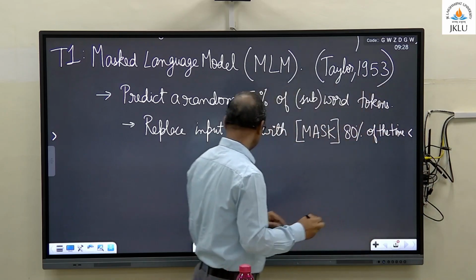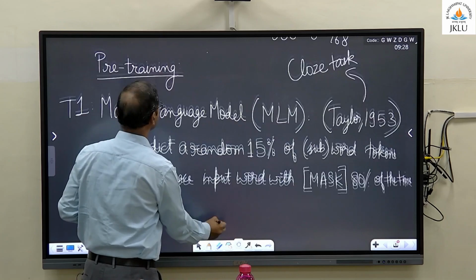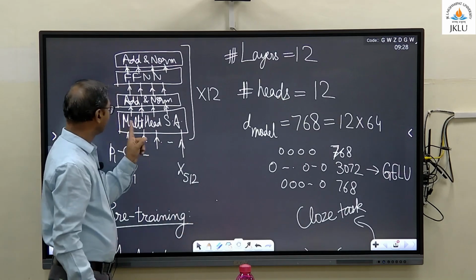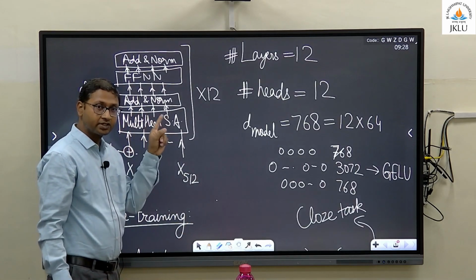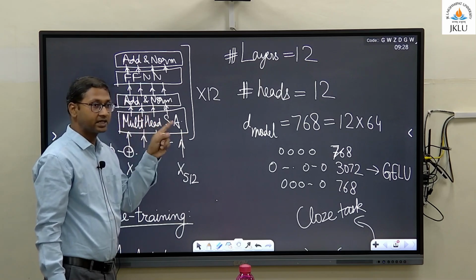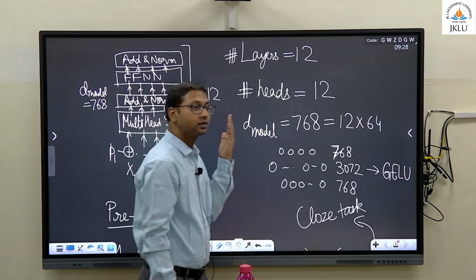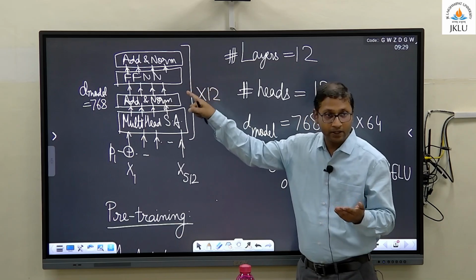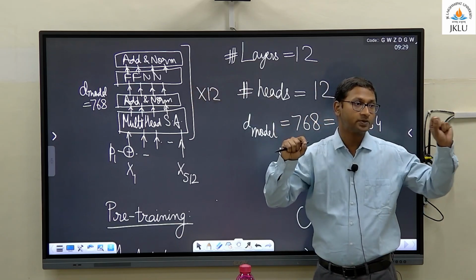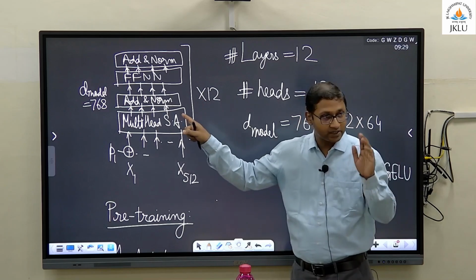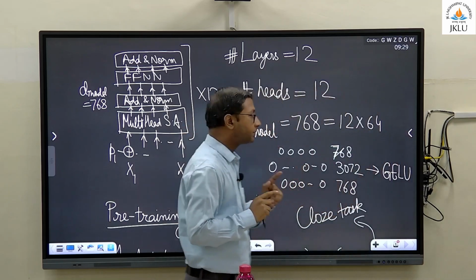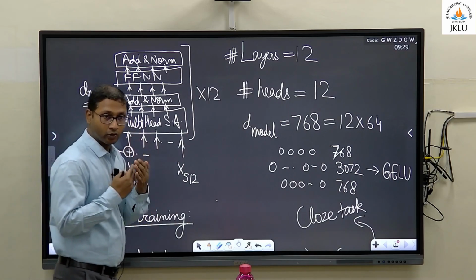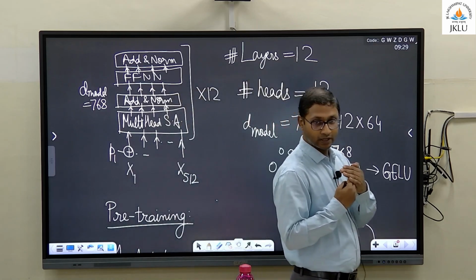Now it has information from both the sides, and that is the major difference. That's it. Otherwise, BERT base is basically the same as, if you change this multi-head self-attention to masked multi-head self-attention, then this is the same as GPT. In fact, they define BERT base just to be able to compare with GPT. So this model is exactly the same as GPT, except here you don't have masked multi-head because you are not doing language modeling.